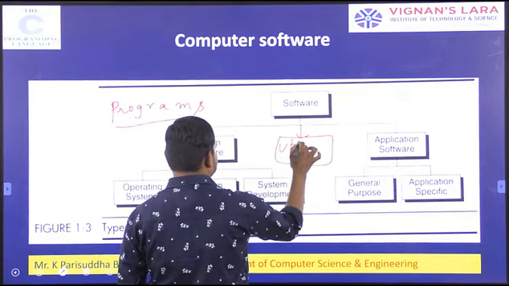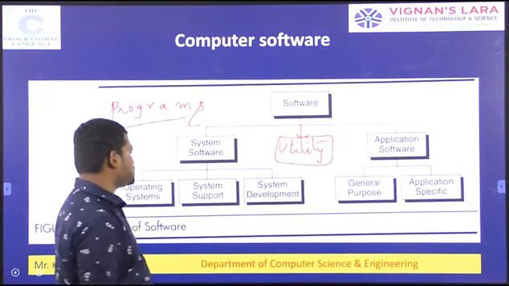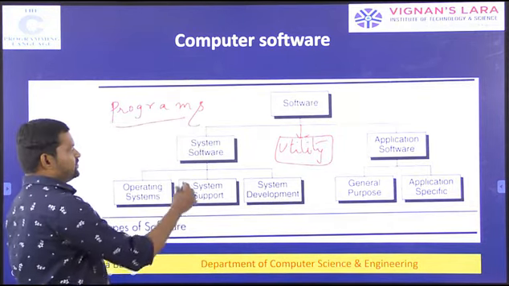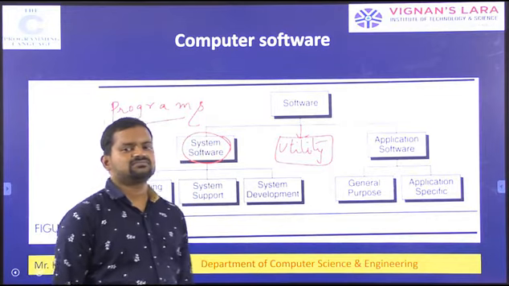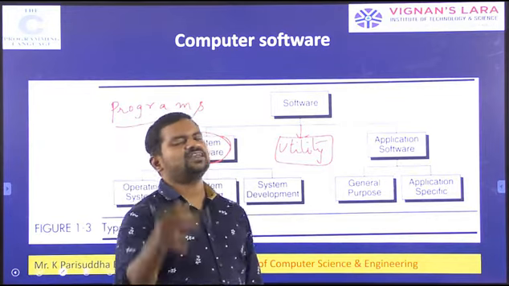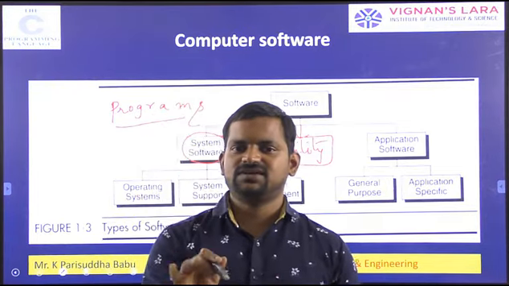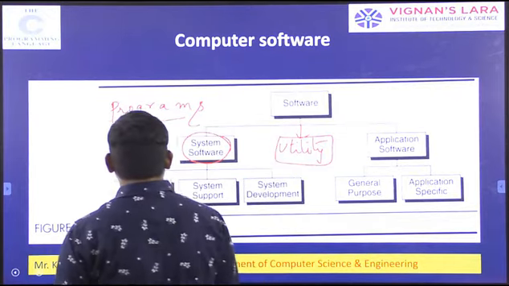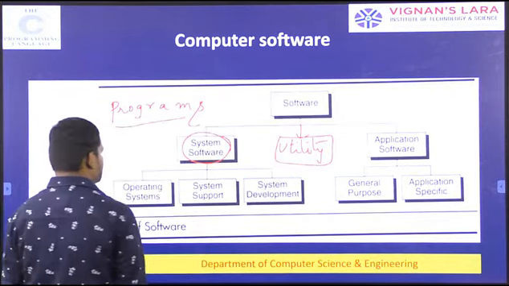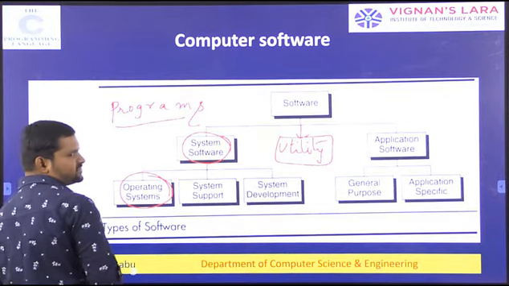Utility software and system software. Without system software, the system cannot run. It cannot even turn on. System software is of many kinds. The operating system is the major system software.